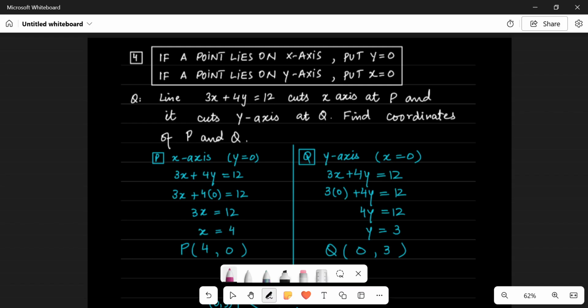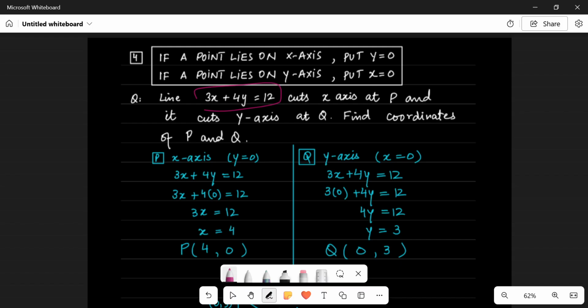The line 3x plus 4y equals 12 cuts the x-axis at P and the y-axis at Q. Find the coordinates of P and Q. On the x-axis, y equals 0, and on the y-axis, x equals 0, as we know. So you need to take the equation of the line, 3x plus 4y equals 12.